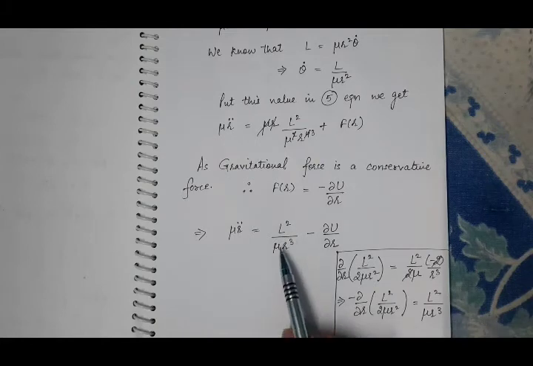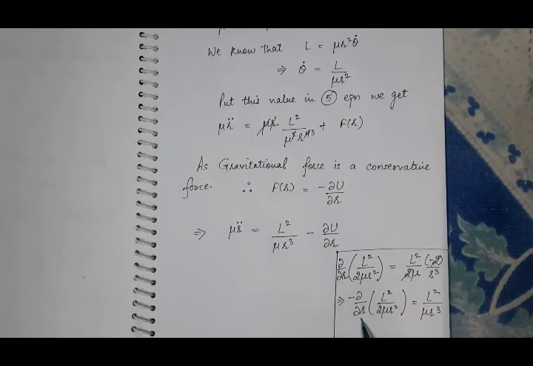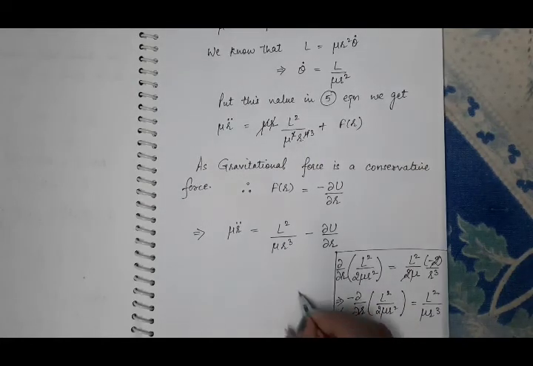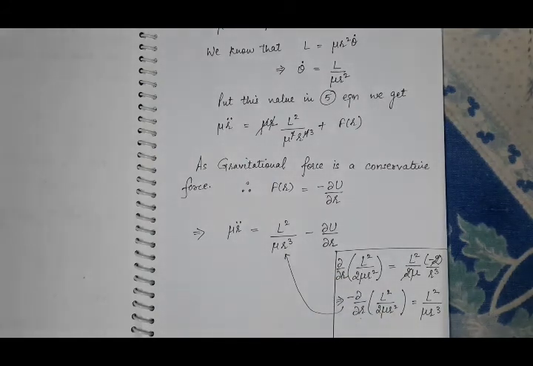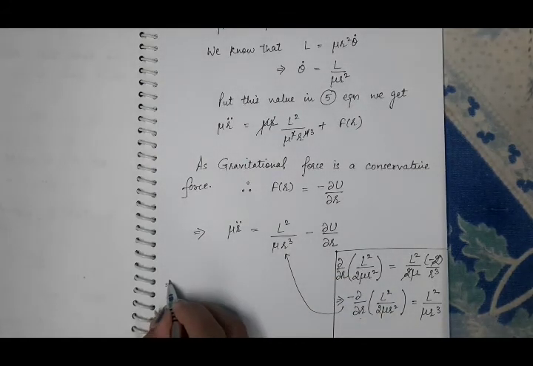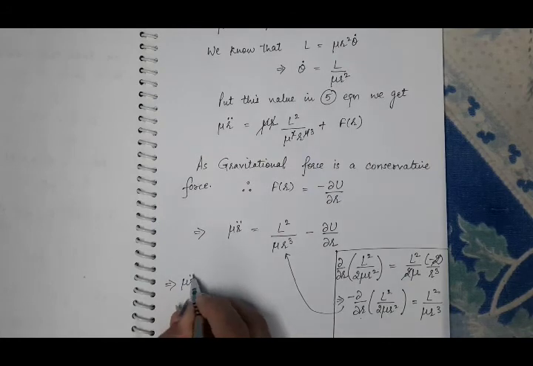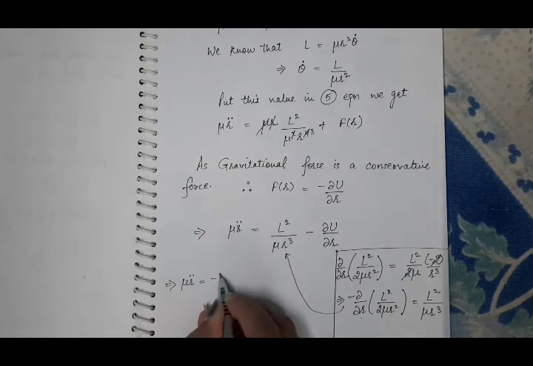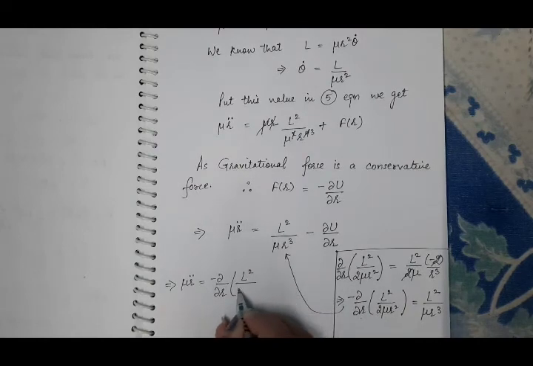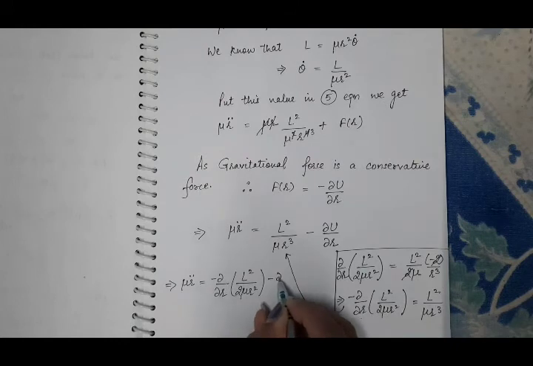So this L square by mu r cube is equal to this term. So put this value in this equation. So we have mu r double dot equal to minus curly by curly r of L square by 2 mu r square, minus curly U by curly r.